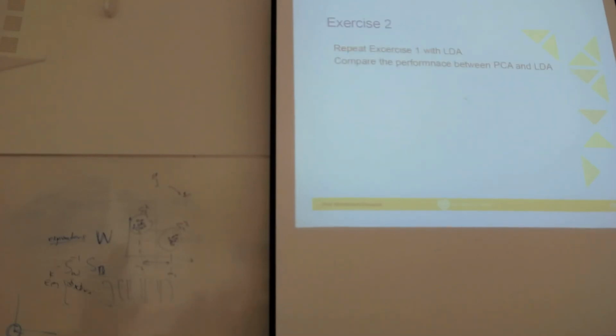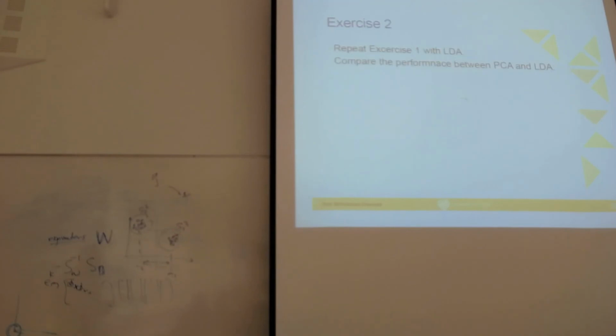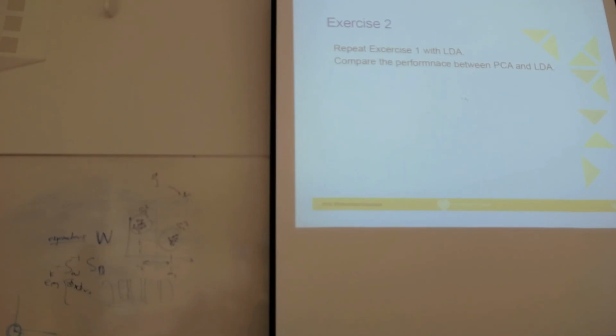And exercise 2, repeat the same with linear discriminant analysis. Actually, for PCA, we don't need the information of the classes because we are working as unsupervised learning on the data itself. But for the LDA, we need this class information in order to build the proper function.